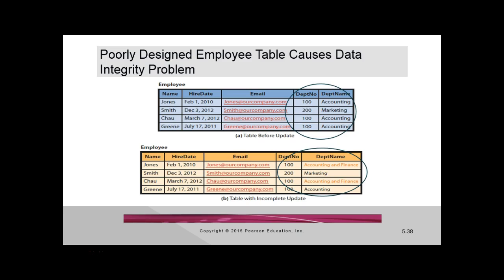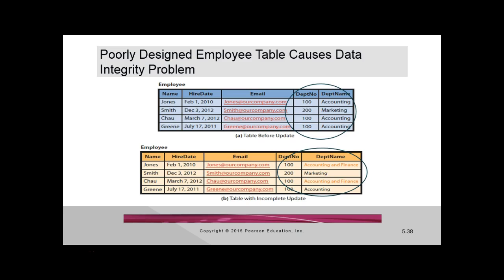If I built this as a normalized table, it would look like this. I would have the employee table, with the name field, the hire date field, and there's obviously going to be an employee ID. I should have put it in there. And I would also have a department table, so it'd be department number, department name.